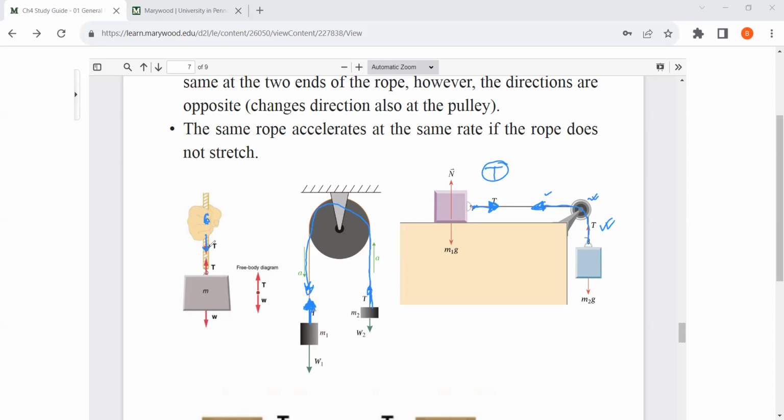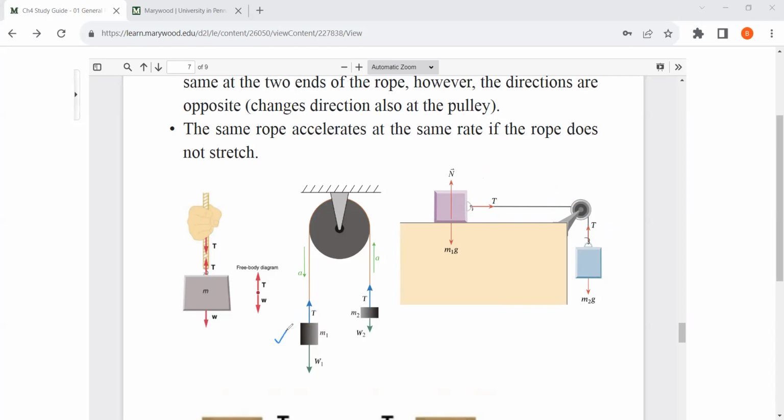Now the last rule tells us that if the rope does not stretch, then the acceleration of all the objects connected by the rope should be the same.